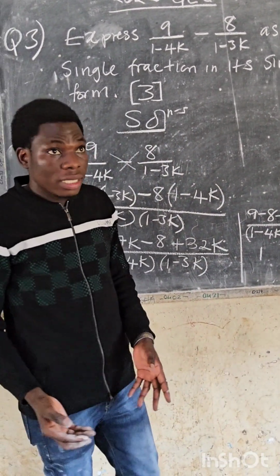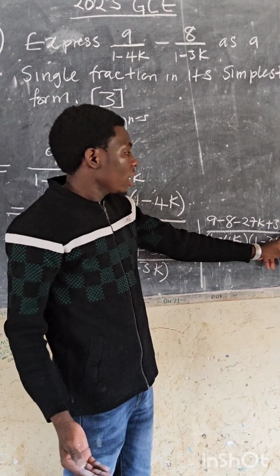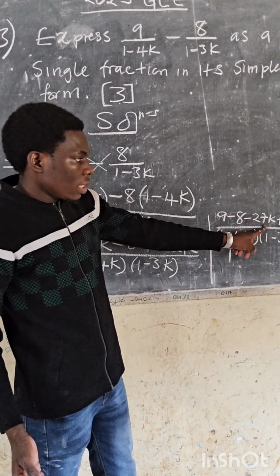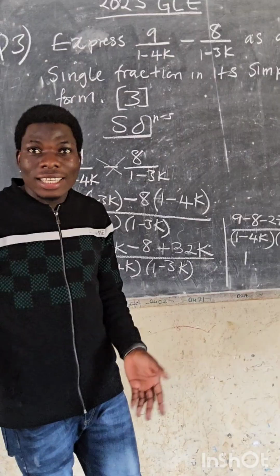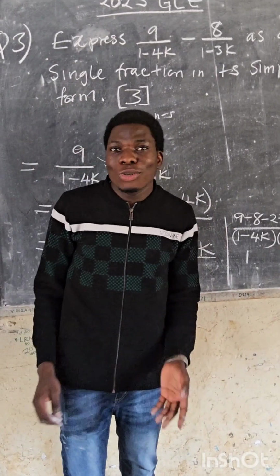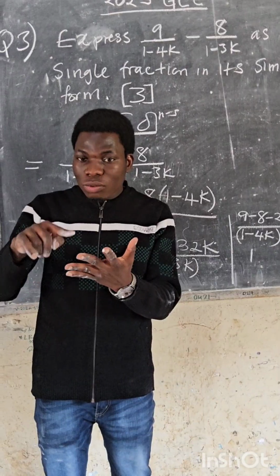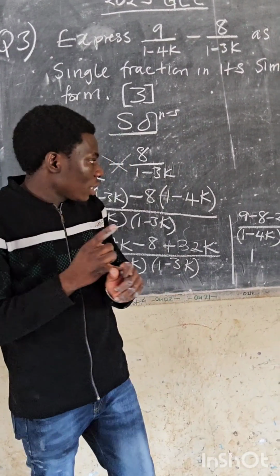In elementary mathematics, this is the same as subtracting 27 from 32. So 32 minus 27, you can use the grade 1 concept. We are moving from 27 to 32: 27, 28, 29, 30, 31, 32.